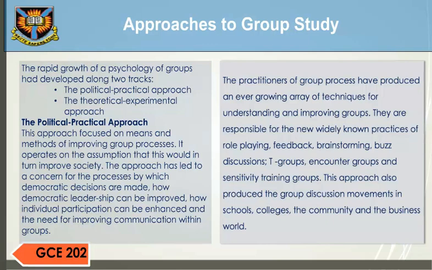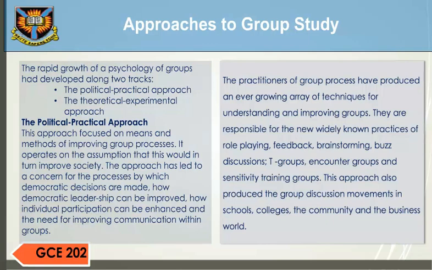The practitioners of group process have produced an ever-growing array of techniques for understanding and improving groups. They are responsible for the now widely known practices of role-playing, feedback, brainstorming, buzz discussions, T-groups, encounter groups, and sensitivity groups.